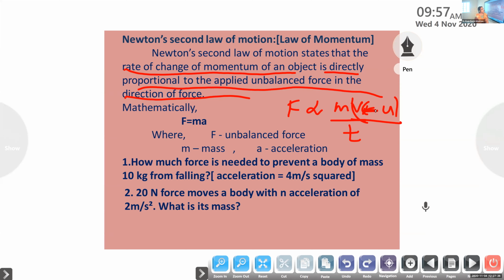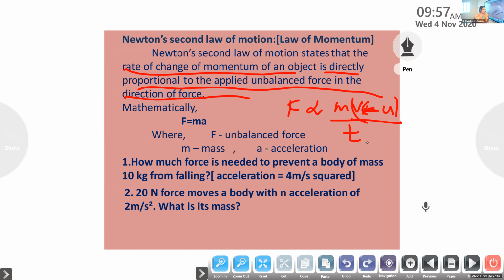So usually we can represent this as F is directly proportional to m into (v minus u) by t, where v is final velocity, u is initial velocity. So final momentum minus initial momentum in a particular time. That is rate of change in momentum. Rate of change in momentum means momentum is changing per unit second.